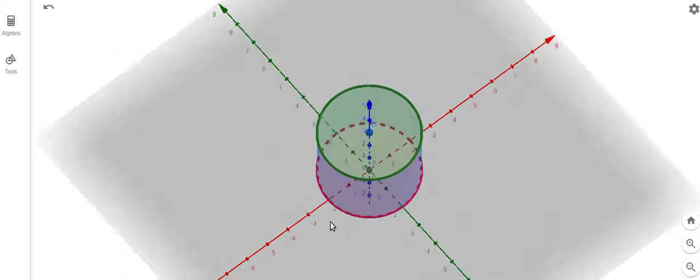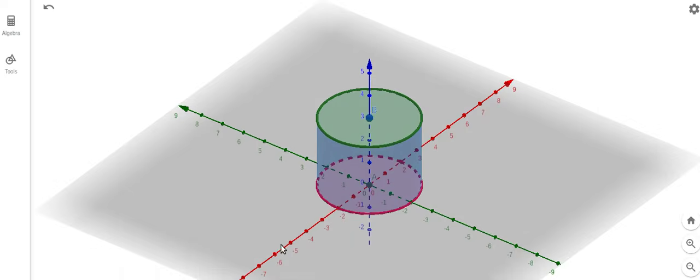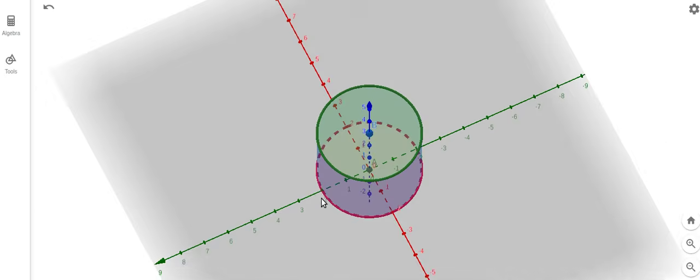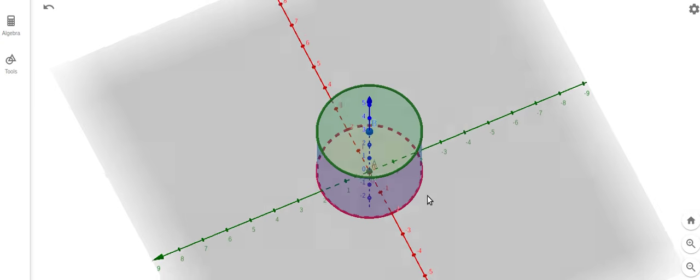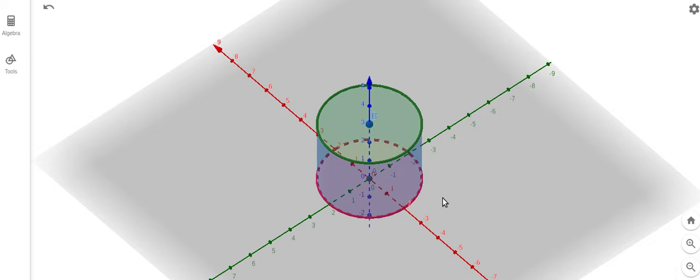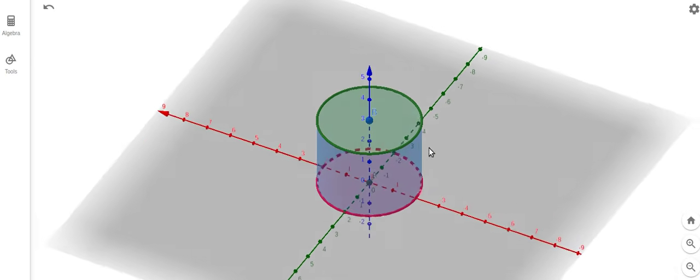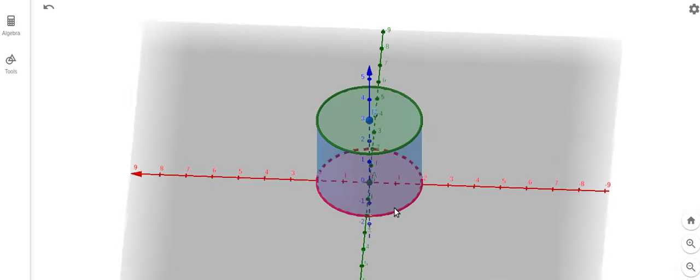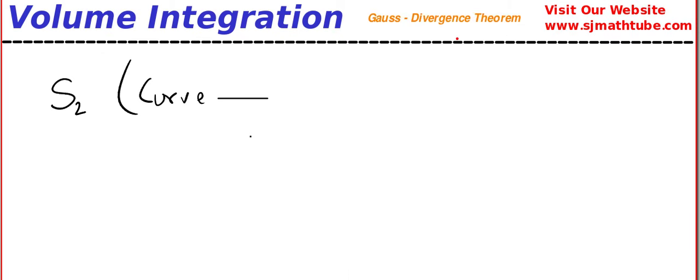And here the outward drawn normal will be minus i. Here the outward drawn normal will be j. Here it will be minus j. So point to point, the outward normal to the curved surface is different. So we have to go for grad phi.